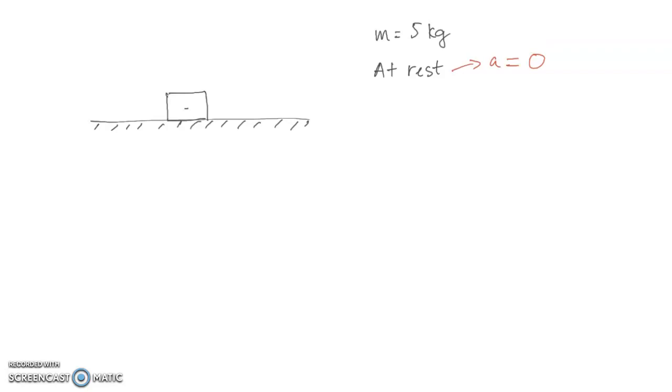And then we have to draw a free body diagram for this problem. So what are the forces acting upon this block? We have the weight, which is mg, and then we have the normal force that is perpendicular to the surface.